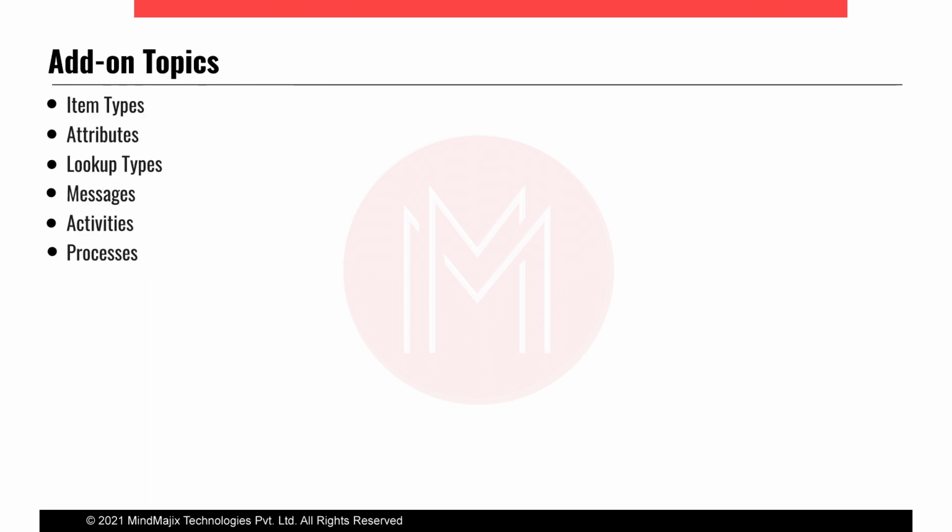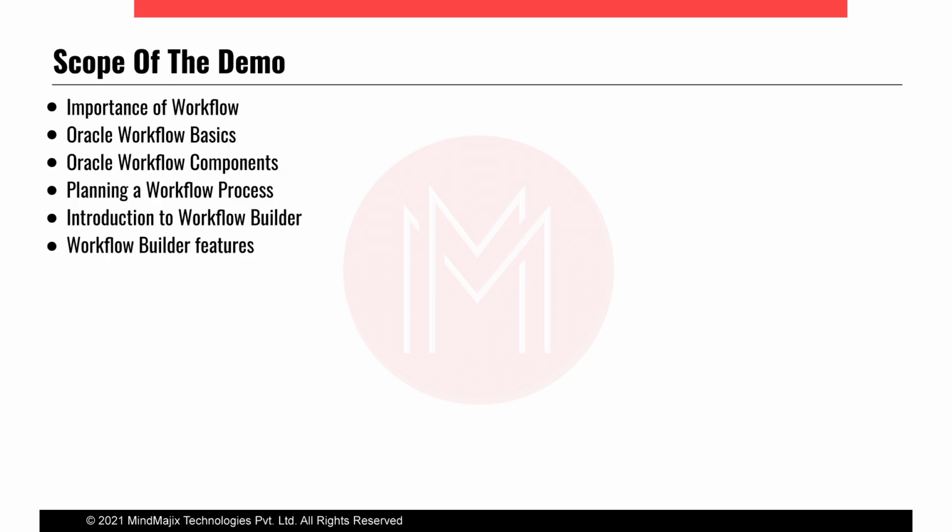So let us start with the topics that I have. First, the importance of workflow and the basics of workflow. When Oracle Workflow was not there, processes like getting confirmation from the second party were manual. Suppose we are doing business, and there is a mail chain communication between you: sending an order, receiving an order, getting confirmation if the order is received or not, and then maintaining the data for this.